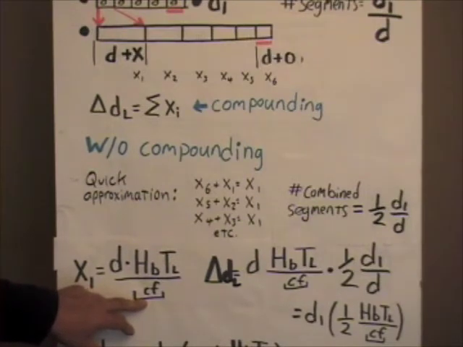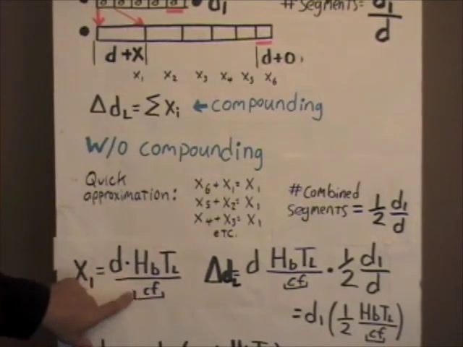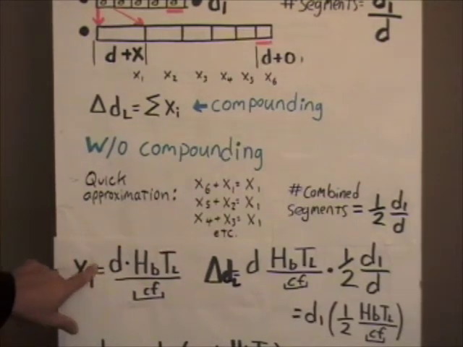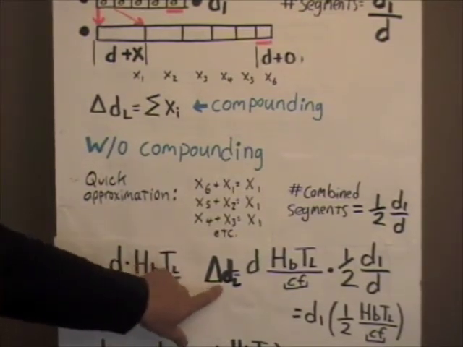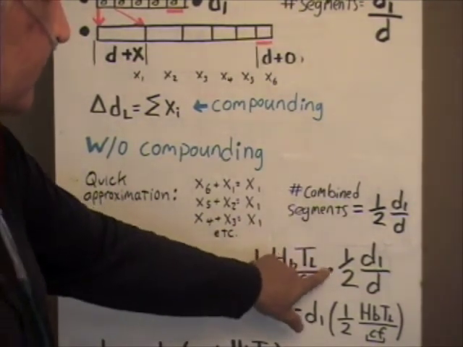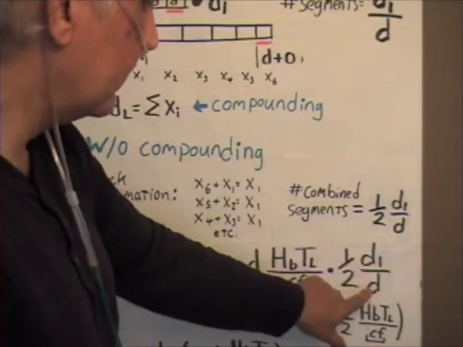And the reason it's the same is because we're looking at the last segment and we're expanding it over the full length of time the light was traveling, which is the same transformation we had to make for finding dn. So since that is the expansion x1, the total of all the expansions is simply that amount times the number of combined segments, which is 1/2 d1 over d.